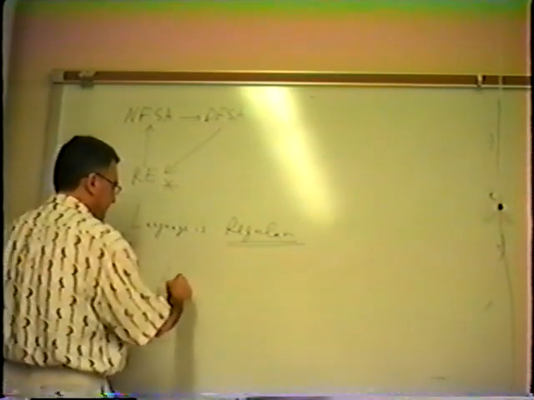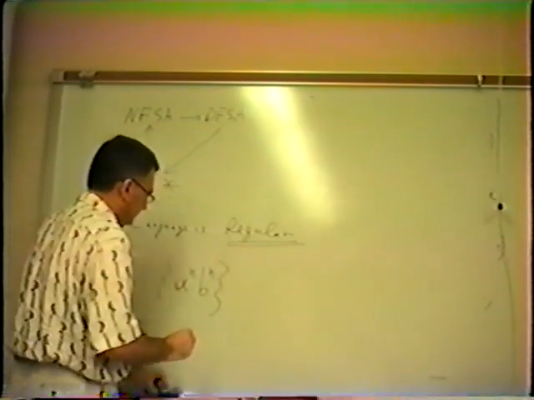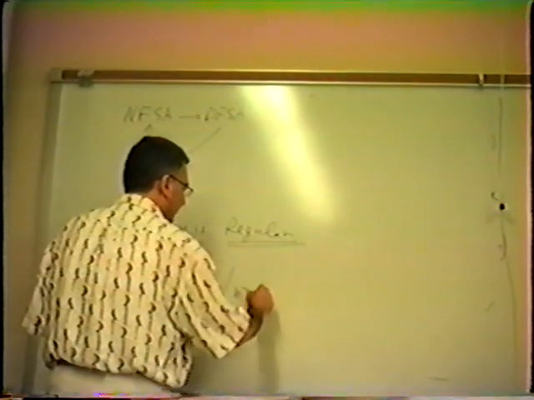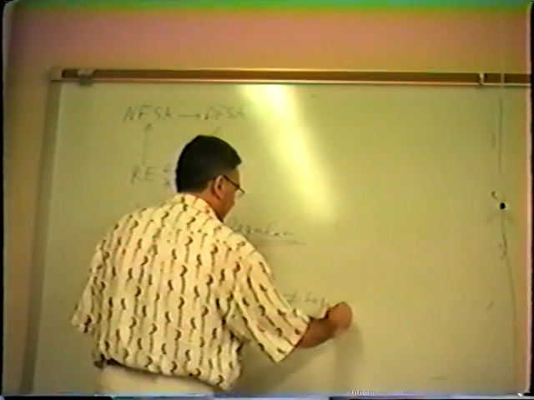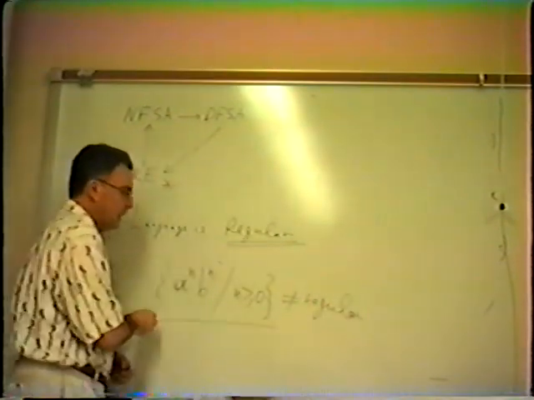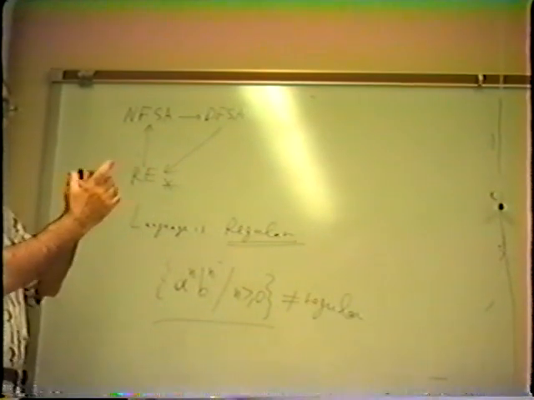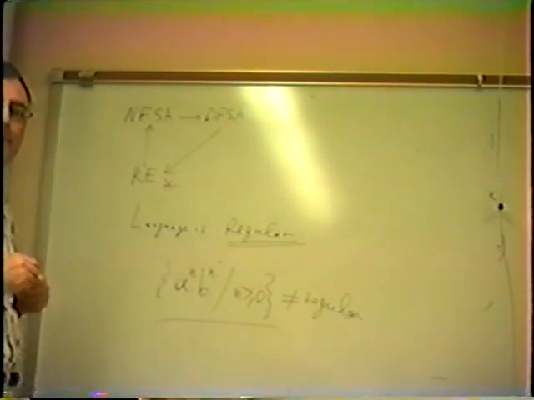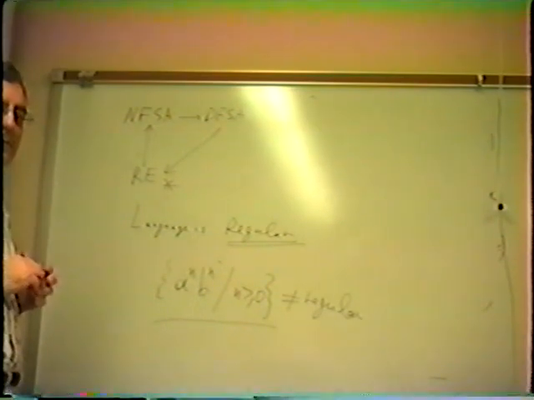Here's an example. Take this language: all strings of A's followed by B's, but with an equal number of A's and B's. Take all these strings. This language is not regular.